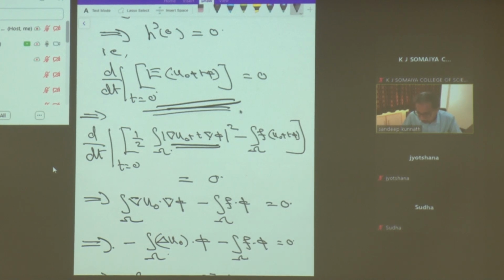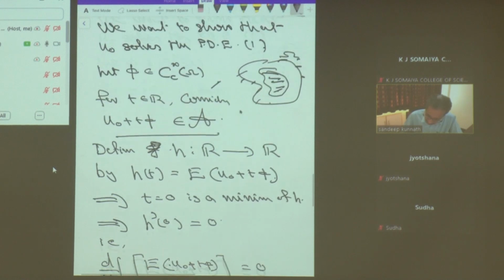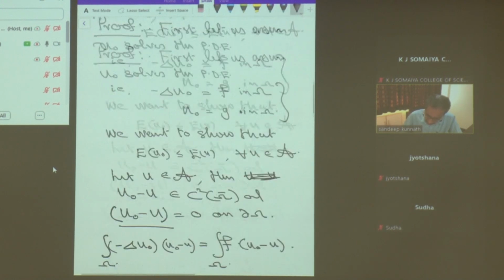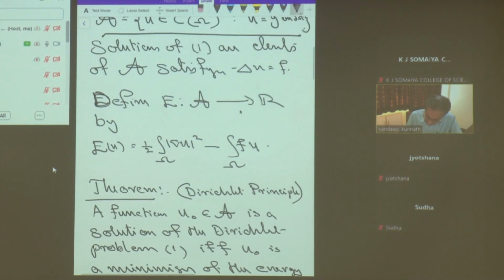So for that, first of all, look at this E function. I have defined it in the very beginning. E is defined from this script A to R.